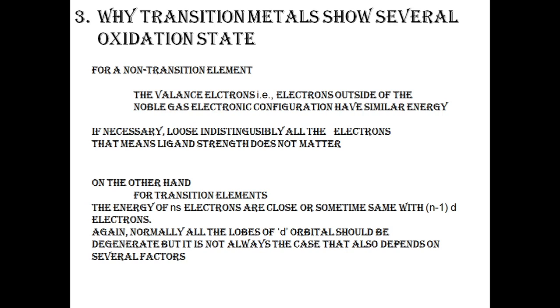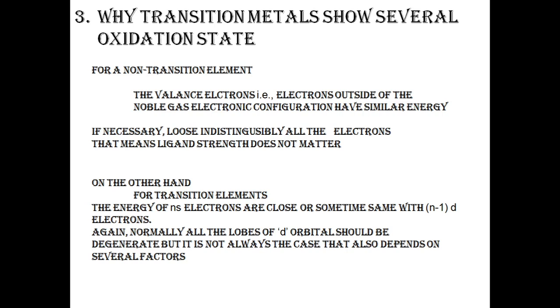Because for a non-transition element, whatever valence electrons they have, they either throw those electrons out and get the inert gas electronic distribution of the lower level, or they may gain some electrons to get the inert gas distribution of the higher level. Like sodium becomes +1 and gets the neon distribution, and if chlorine gains one electron, it becomes the argon distribution.